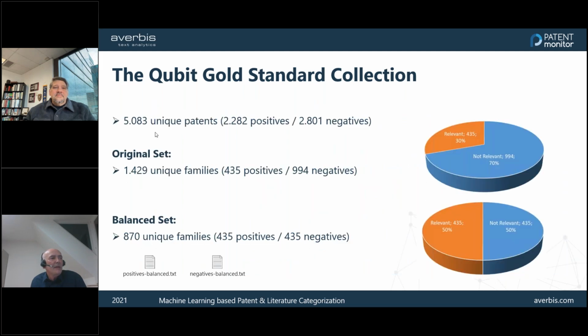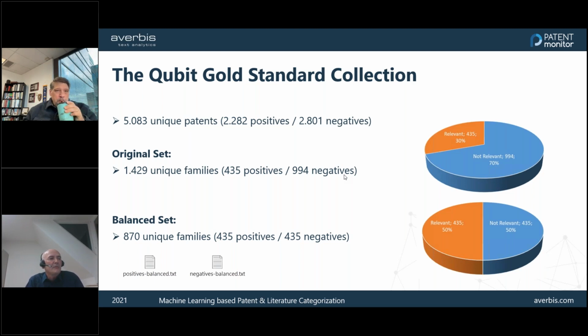In all, there are 5,000 unique patents, and mapped to families, there are 1,500 unique families with 430 positive examples and 990 negative examples. And what we did, and this is something that we do very frequently for support vector machines, is that we do some balancing on the training set.